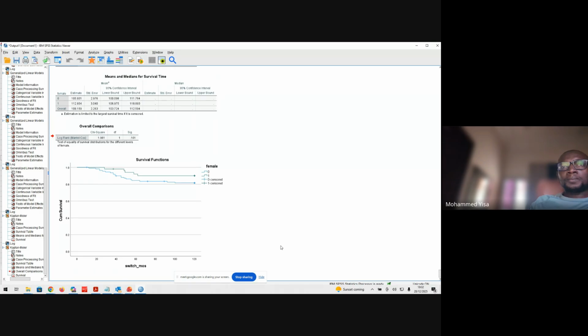So the Kaplan-Meier curve is very good at visualizing these differences in survival. However, it is limited because it's not really able to tell you the effects that other variables might have on this survival.